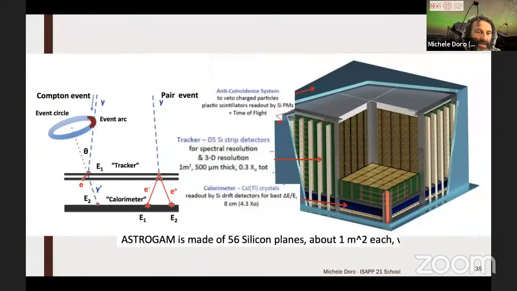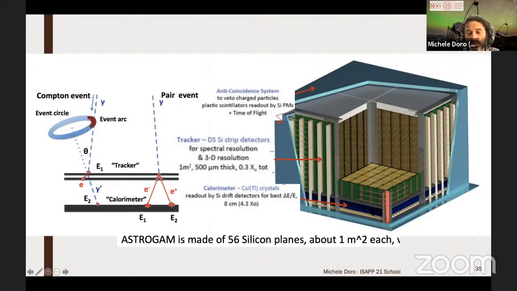And this is the instrument. I hope I will not bother you with too many instrumental details, but the technique is always very similar. You have an instrument here in which you have the pair production or the Compton deposit of energy, which we call a tracker because we can track the source there.